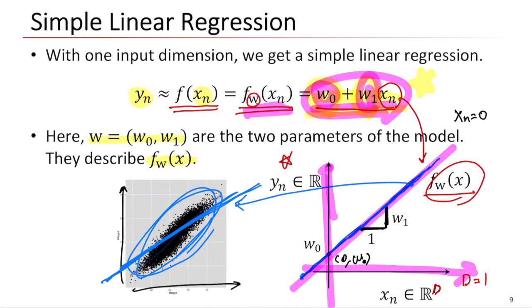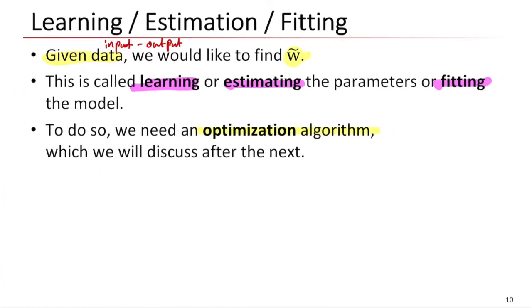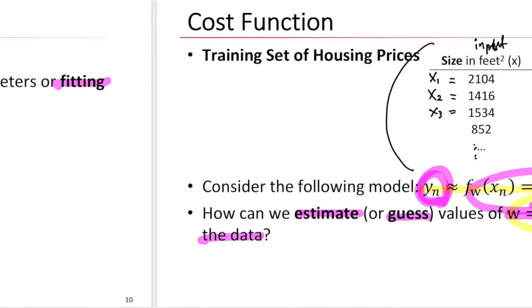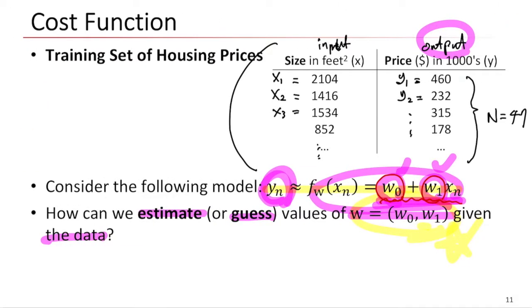So after determining our mapping function, we have to find this parameter W using some kind of optimization technique, right? Before that, we have to determine the cost function. Cost function means the distance between the estimated values and the ground truth values, right?